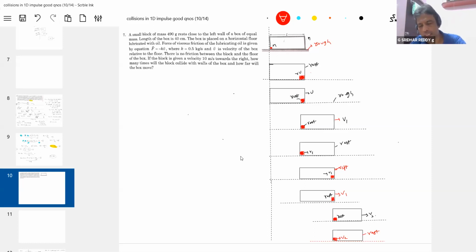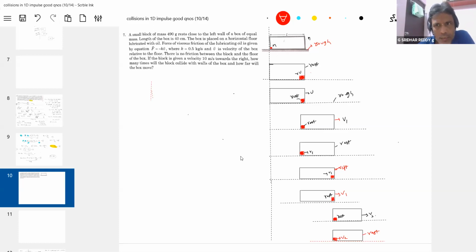Whose help are you going to take? How far will the box move? I'm very good at a little bit of the friction idea. No, here viscous drag is there. How will the viscous drag be acting on the block or on the box?